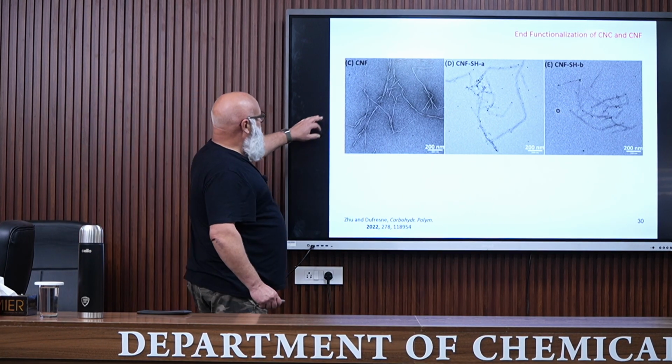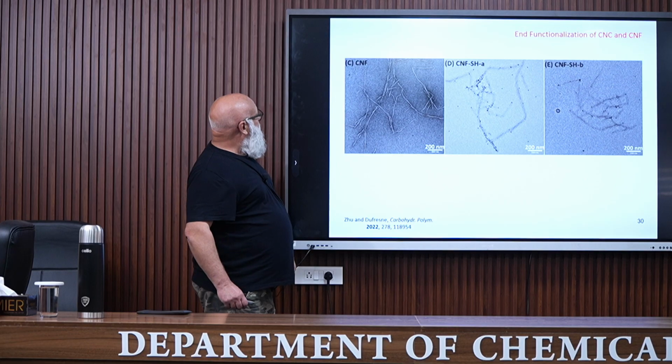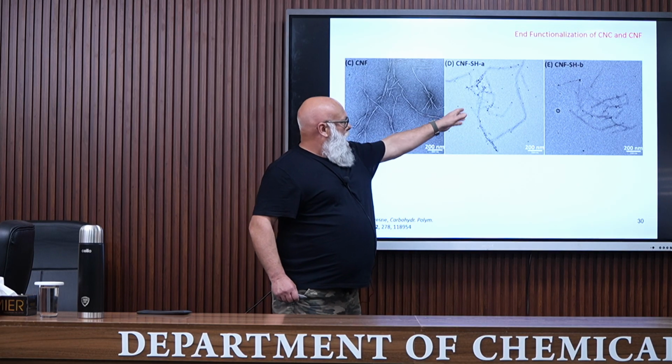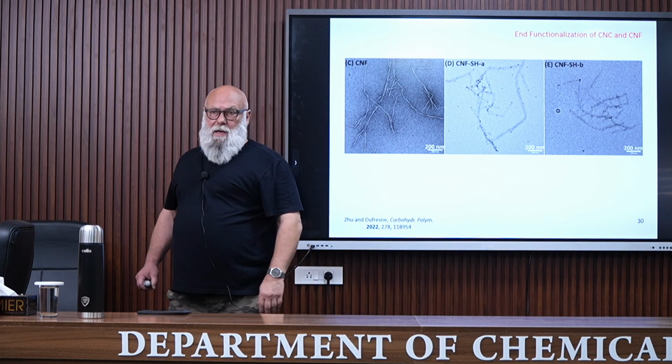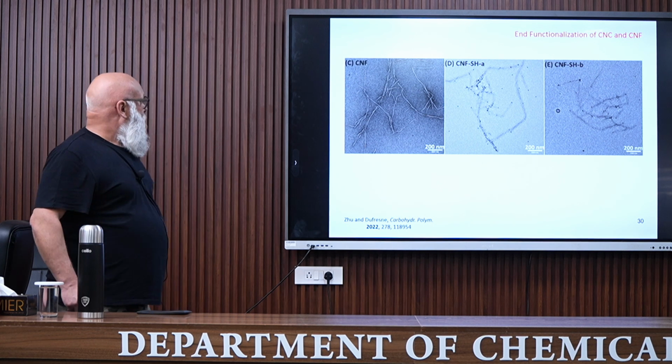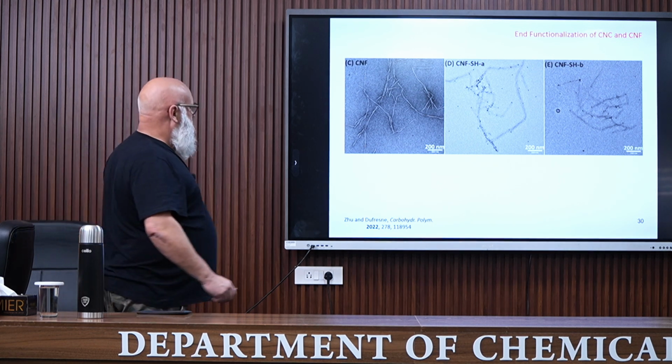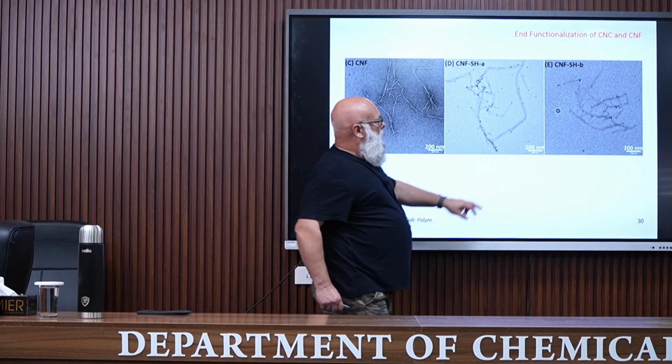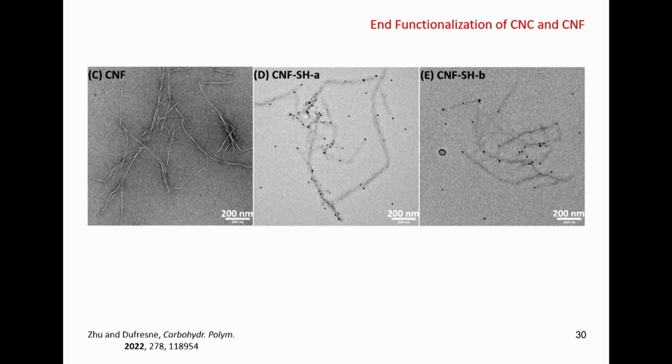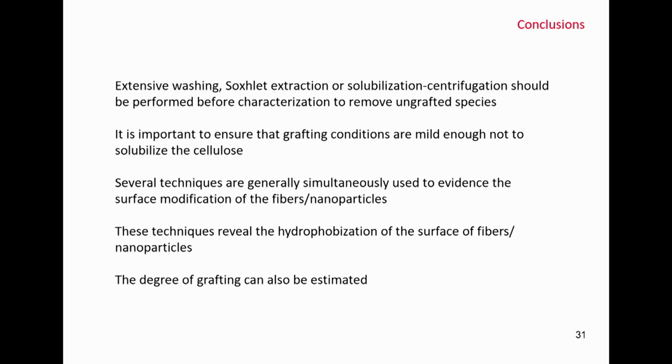So this is for unmodified cellulose nanofibrils, and for nanofibrils modified at the end following two different strategies, we can see these black dots that refer to the grafted silver nanoparticles. So this is an indication of the effective functionalization of the nanocrystals. So, it was shorter than other lectures.